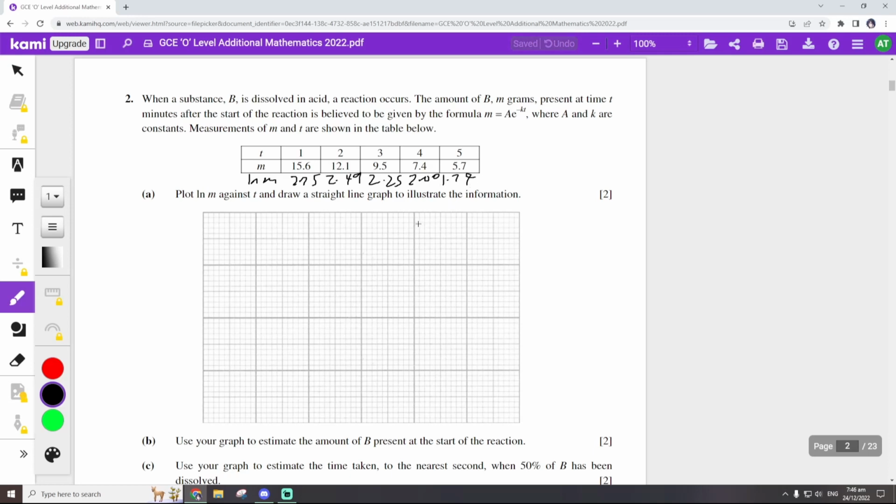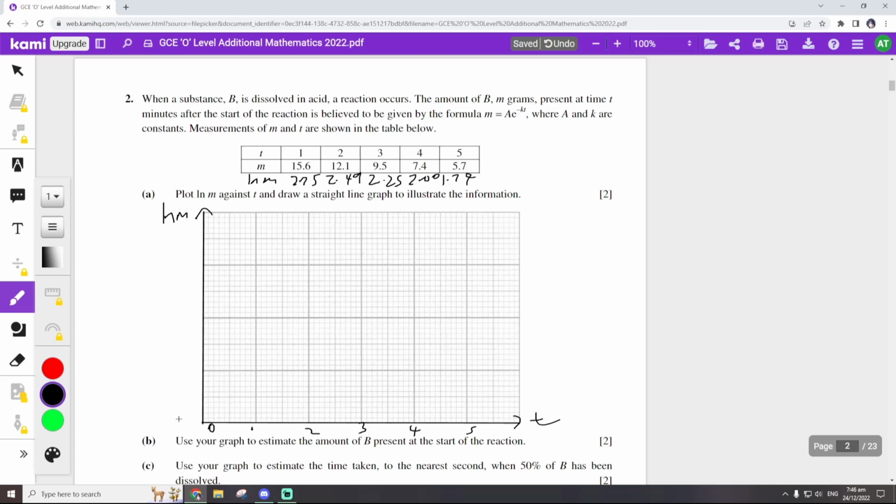Okay, so let's see what we can do. Let's draw the axes here. This will be the t, and up here this will be ln m. So t equals 1, 2, 3, 4, 5, and I'm going to intentionally leave a space here for the 0 so that I can get the vertical intercept.